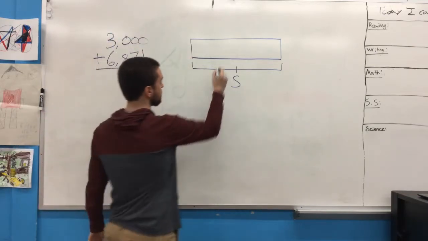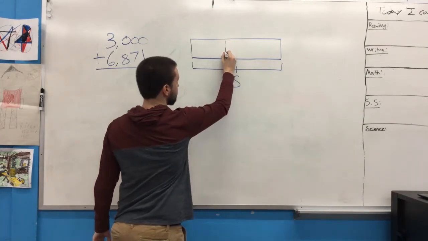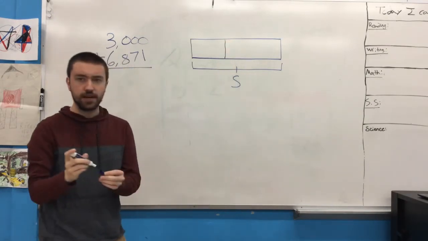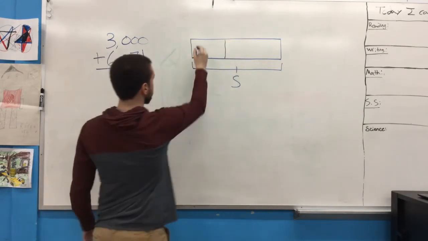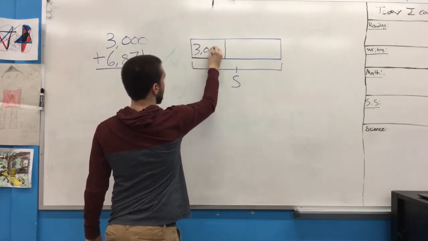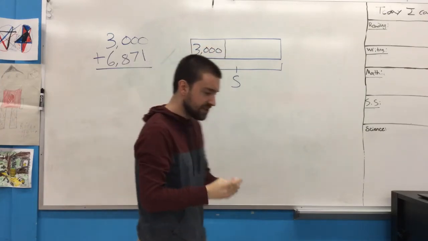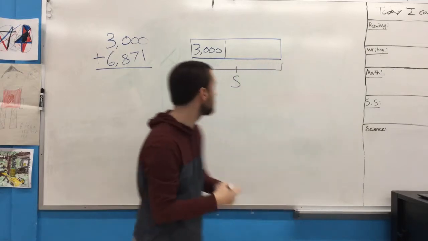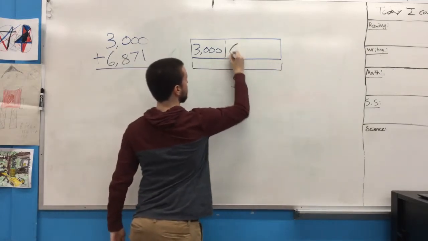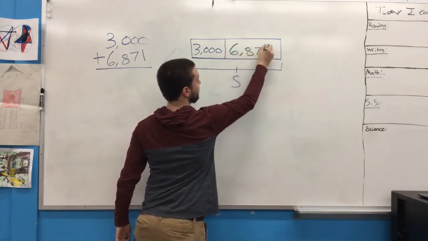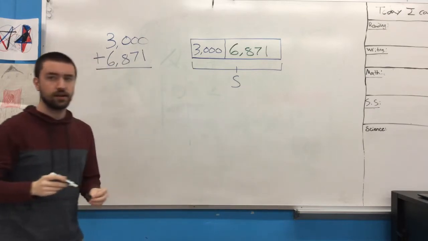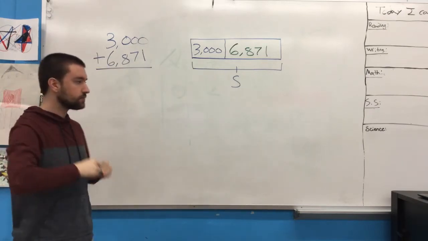But I have 2 separate pieces, and one is bigger than the other. So I'm going to divide my tape diagram up like this. 3,000 is going to go in one of them, but 6,871 is going to go in the other box.